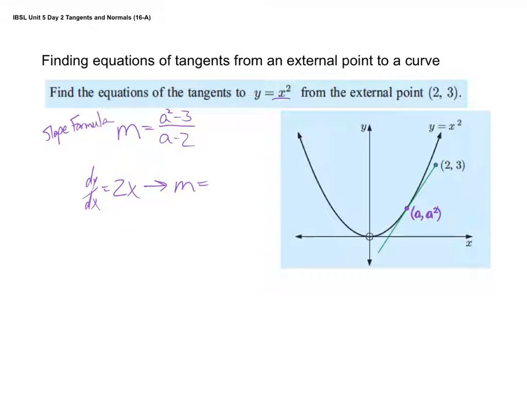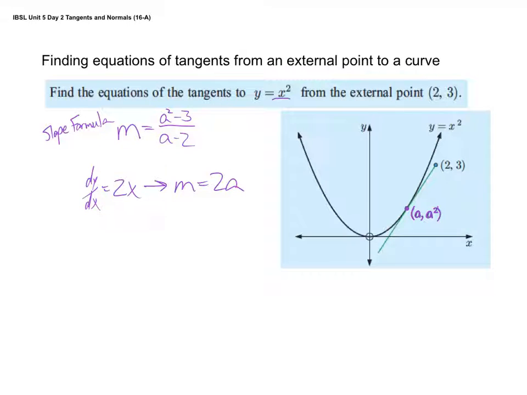The slope is going to be 2a. Right? How did you get a? Well, that's the point we wanted at, right? Yeah. So that's the point we want, so we're plugging in a for x. Okay. All right, we just don't know what a is yet.